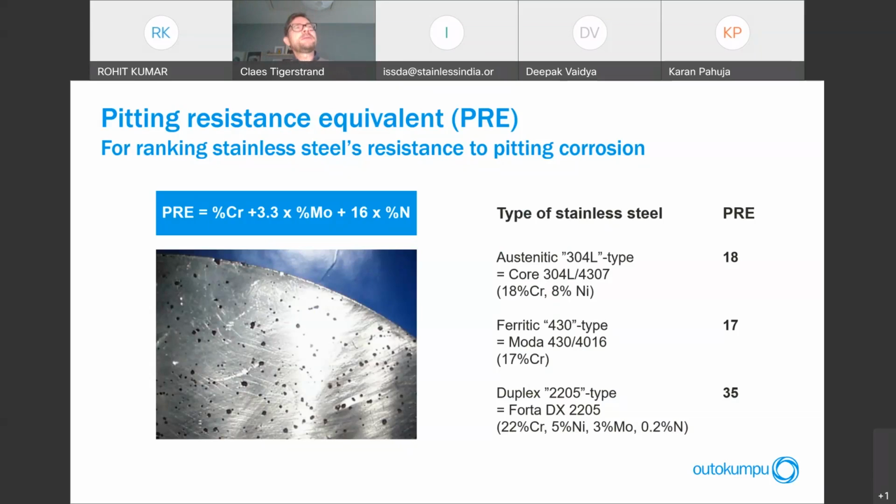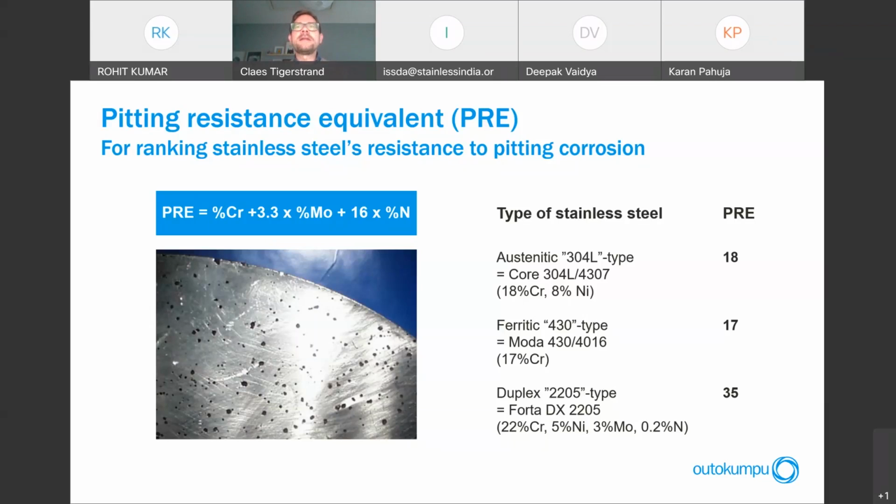So if we calculate the PRE, we said we get 22 units from the chromium, plus then we have 3% molybdenum. That will be about 10 units for the molybdenum. So then we are at 32, and then 0.2% times 16 for the nitrogen, and then we add 3 more units, and then we are on the PRE value of 35.